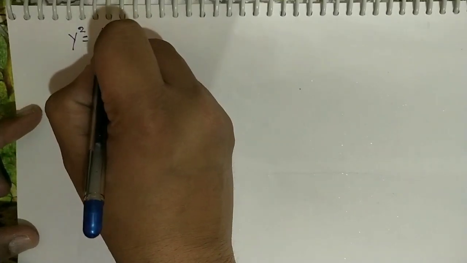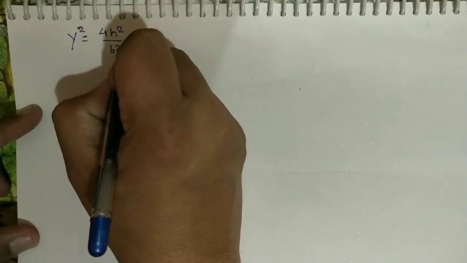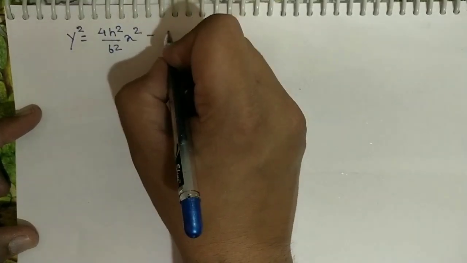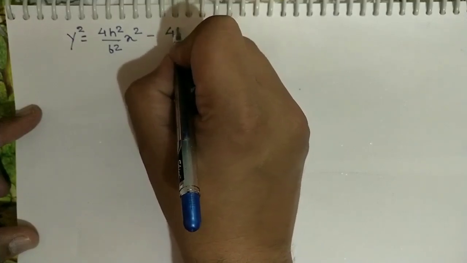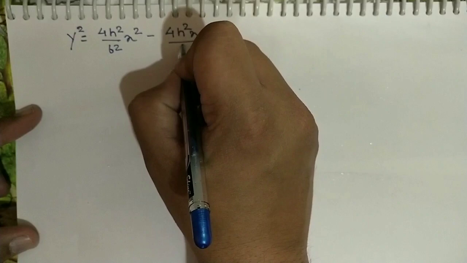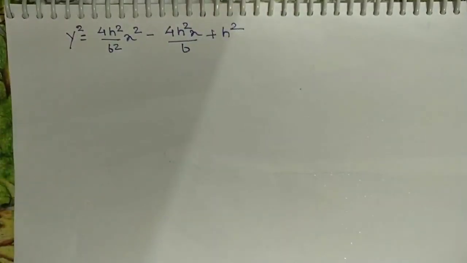So dear students, we have found out the value of y square, which is 4 h square by b square times x square minus 4 h square x by b plus h square.